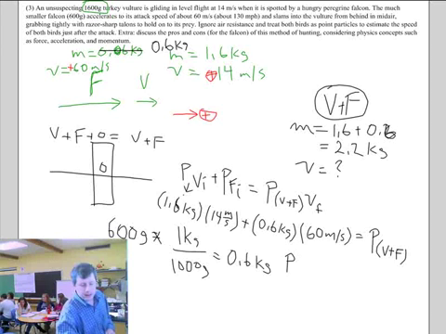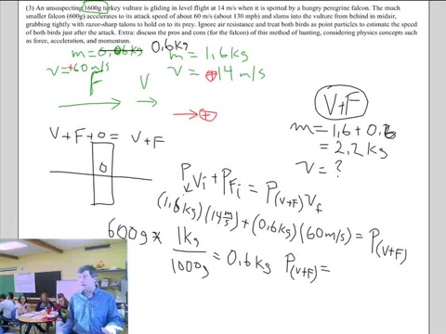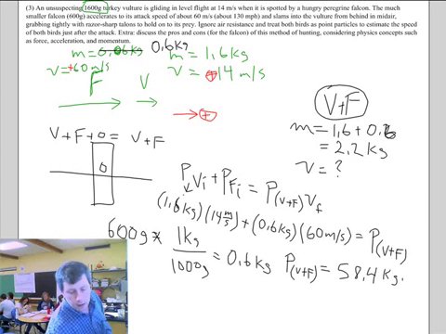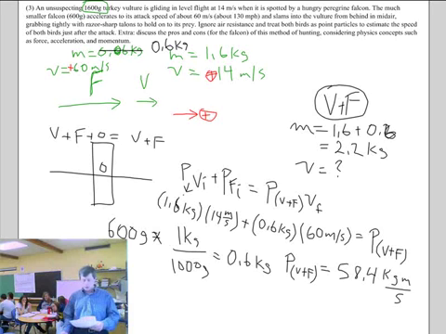That means that this calculation shocks no one. Multiply that out. We get 58.4 kilogram meters per second. Divide that by the mass. That's what you do.